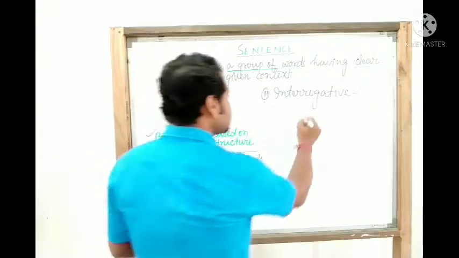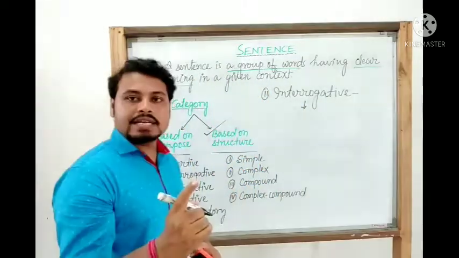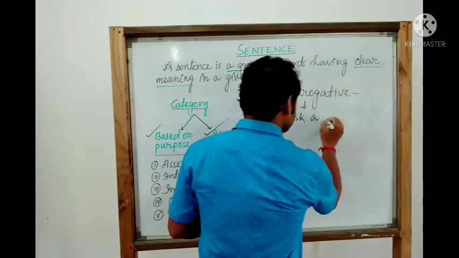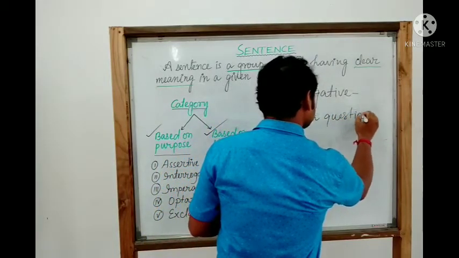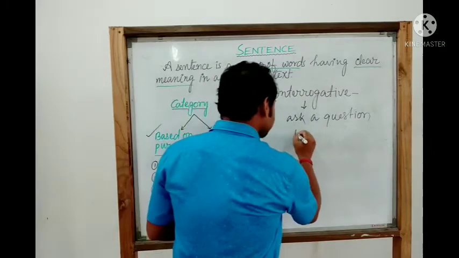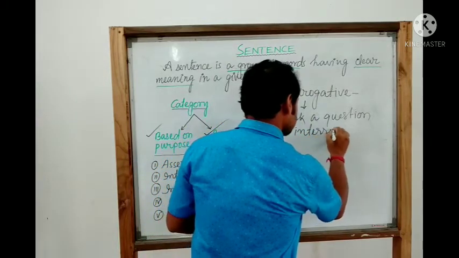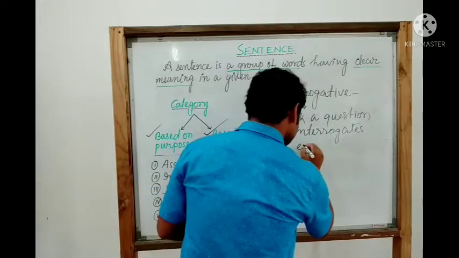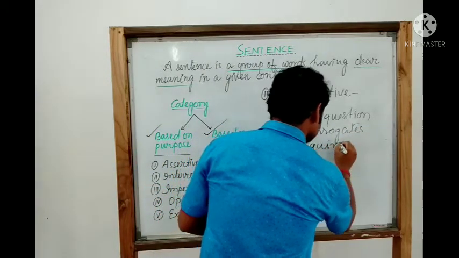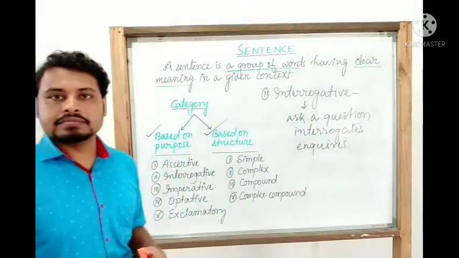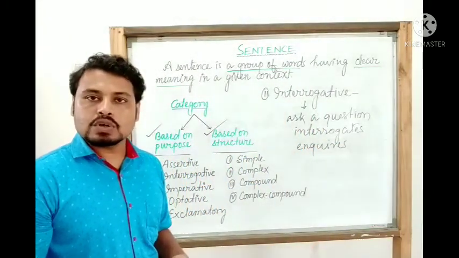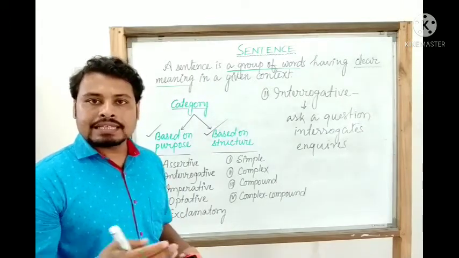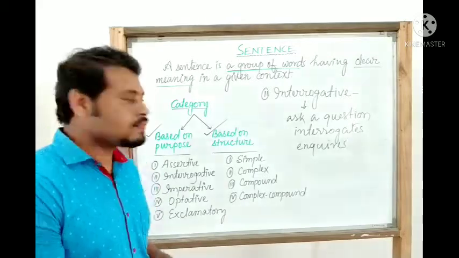That means interrogative sentences are those sentences that ask a question, or that interrogate, or inquires about something. So interrogative sentences are those sentences that ask a question, that interrogate, and that inquire. Let us take an example of this.